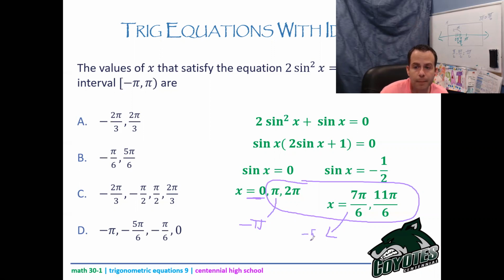Sorry, I'm writing with a mouse, but it'd be negative 5 pi over 6. You guys can all laugh at my mouse writing abilities. And if I subtract 2 pi from 11 pi over 6, that'll give me negative 1 pi over 6. Okay, so now my solutions are negative pi, negative 5 pi over 6, negative pi over 6, and 0. So it looks like D to me.